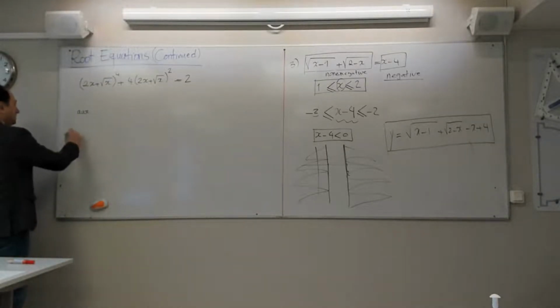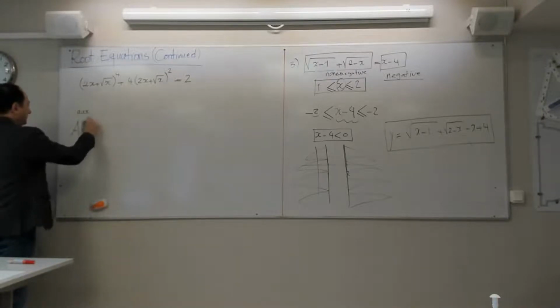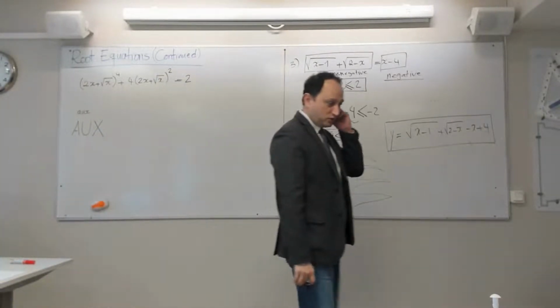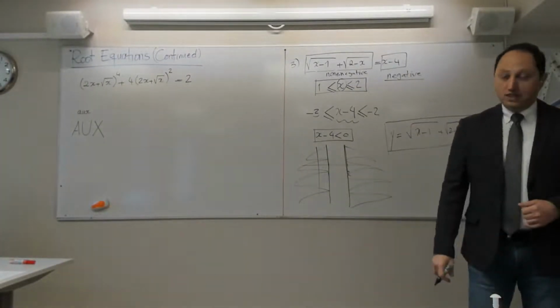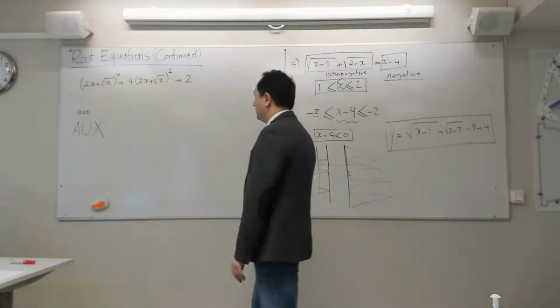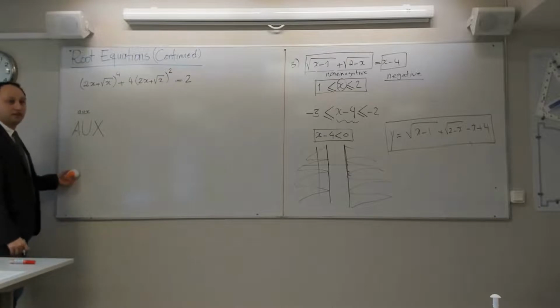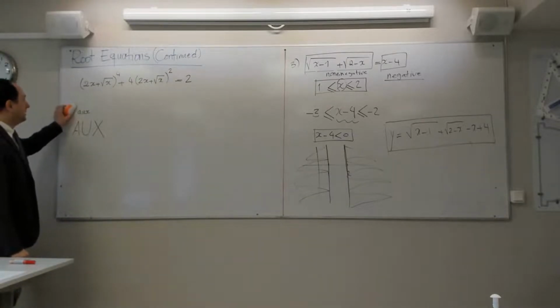Can you see it or not? Auxiliary variable. Yes, yes. So do you see, if you broaden your point of view, that something is repeating itself in this equation? Do you agree?